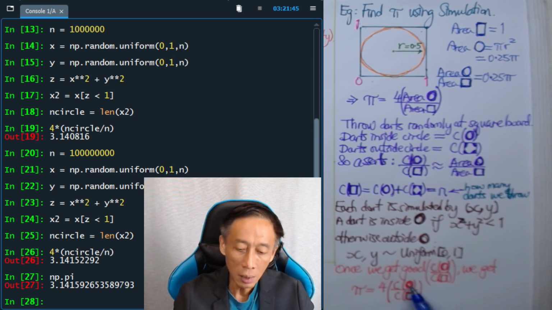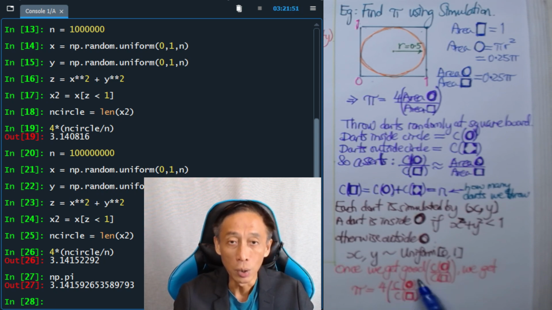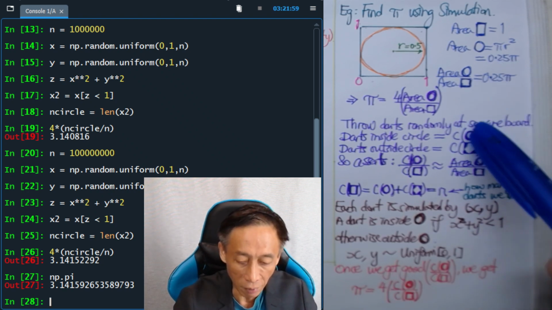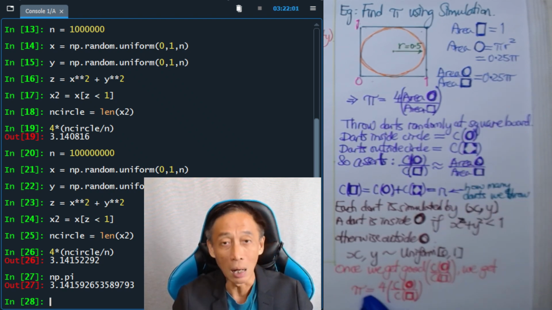Where's the macro result? This ratio is actually the primary component of the macro result, right? This ratio is obtained from accumulating all the counts, right? Then multiply it by 4 because of the governing rules. Then we get our final macro result, which is the estimation of pi itself.